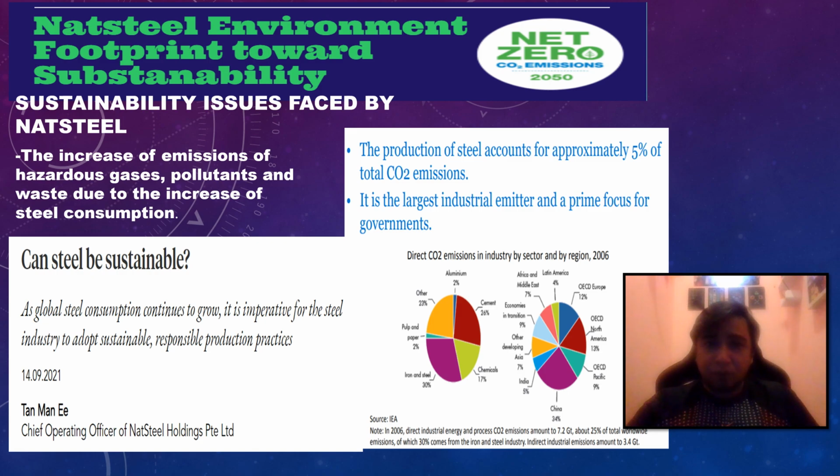Based on the article dated 14 September 2021, NATSTEEL CEO Ms. Tan Man Yi informed us that the rise of global steel consumption contributes to the increased emissions of hazardous gases, pollutants and waste. Therefore, NATSTEEL has taken initiative measures to protect the world by creating awareness and implementing stringent procedures. They wish to achieve the zero emission goal by 2050.